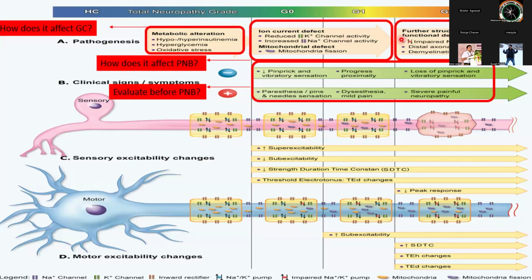All these lead to axonal injury, demyelination, and structural and functional abnormalities. Such patients have symptoms like tingling, numbness, and paresthesia, which have to be documented and understood during our pre-anesthetic checkup when patients are admitted for surgery.